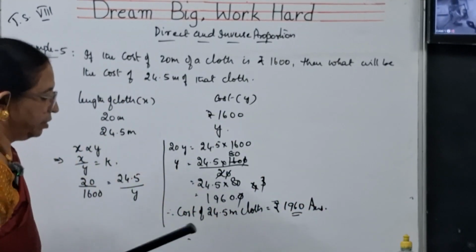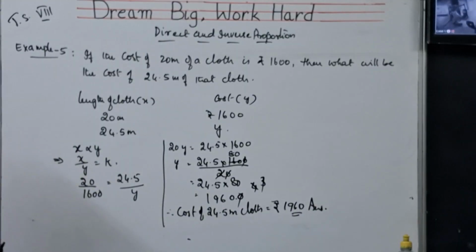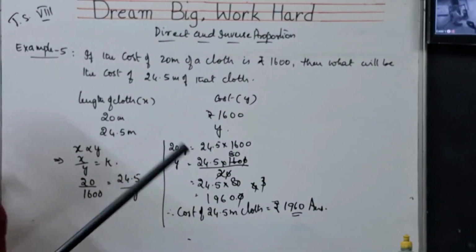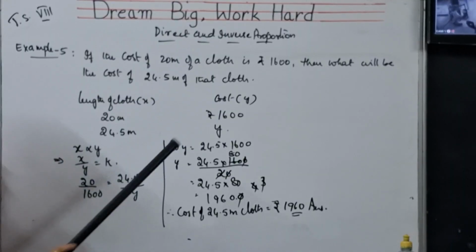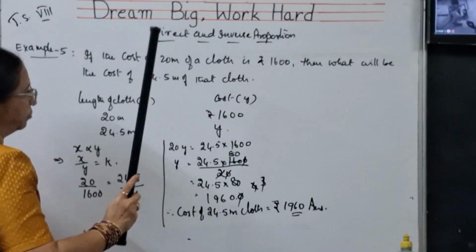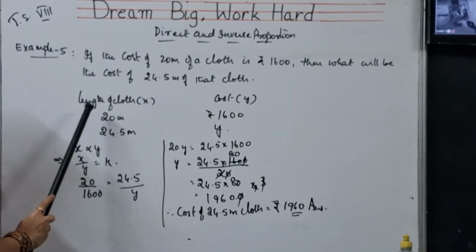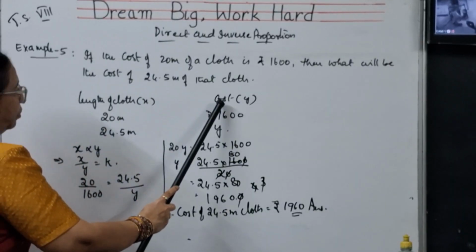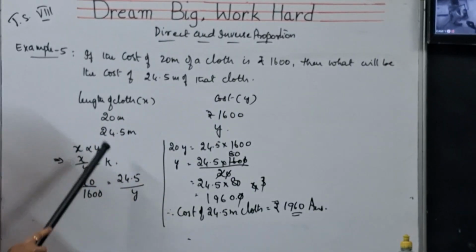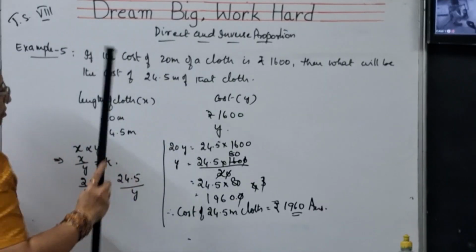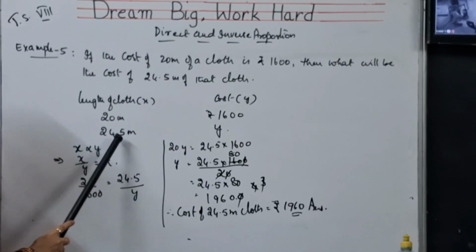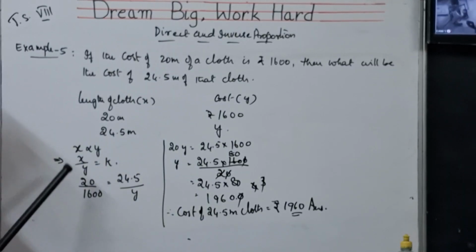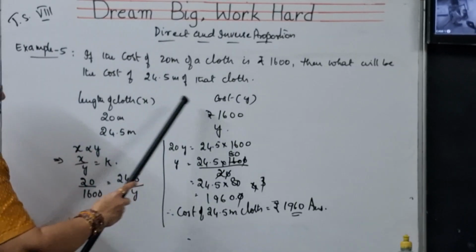So let us go over it, children. The problem is the cost of 20 meters of cloth is 1600. Then what will be the cost of 24.5 meters of cloth? So the length of the cloth is taken as x meters. Cost is y rupees. So 20 meters is costing 1600, and 24.5 meters is y rupees. We don't know, so we'll call it y. So x is directly proportional to y.